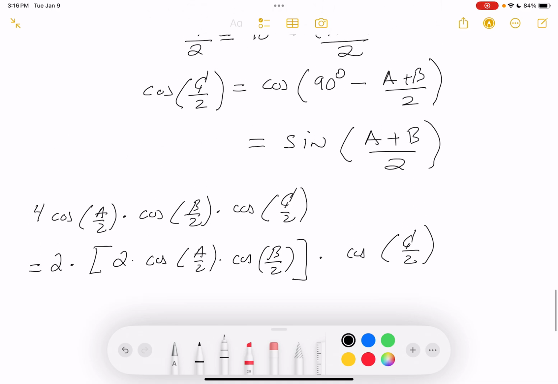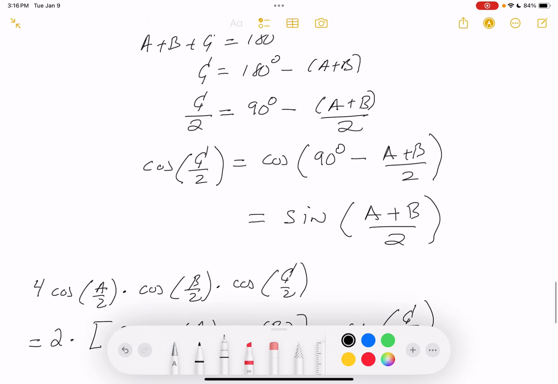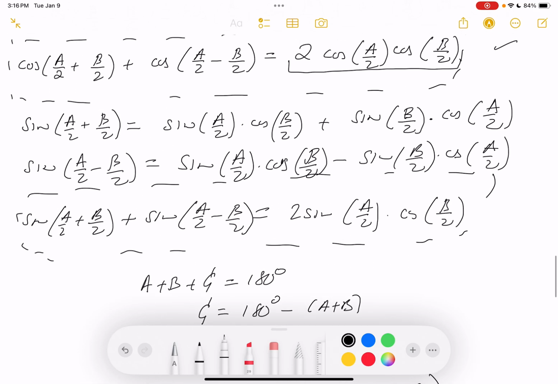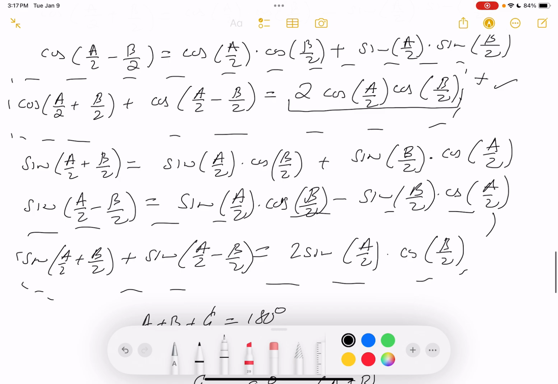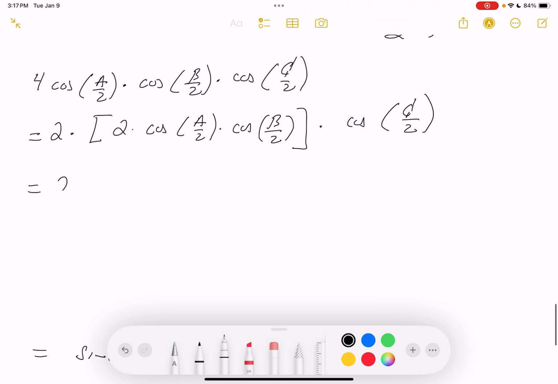All right. So let's go back up here. And I'm looking at this over here, 2 cosine A over 2 cosine B over 2. I'm seeing that here. And let me write that down now.